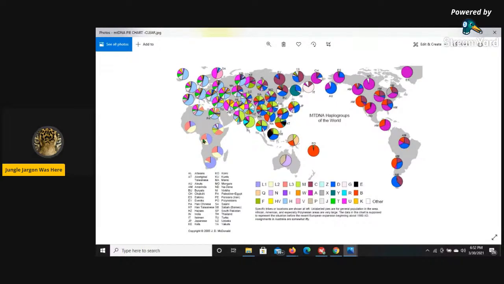Okay, so what Europe is the H, the U is common, the T, and well, here's another confusing color, the J. Confusing with a G because this is not the same family tree.